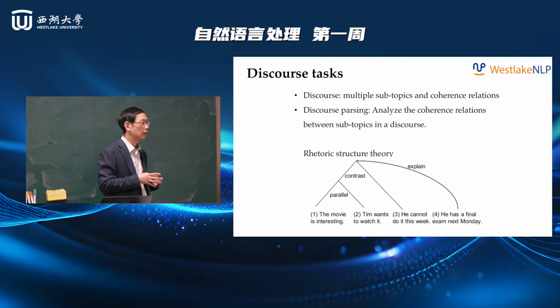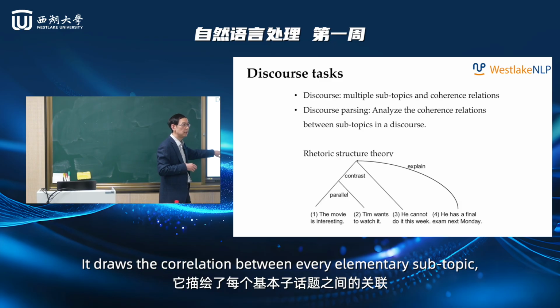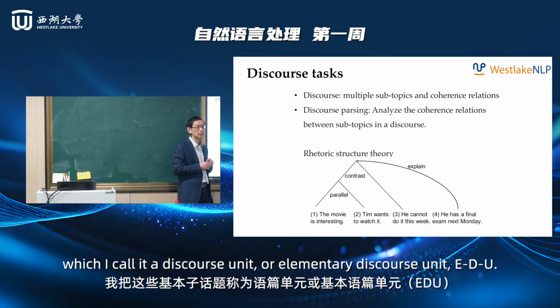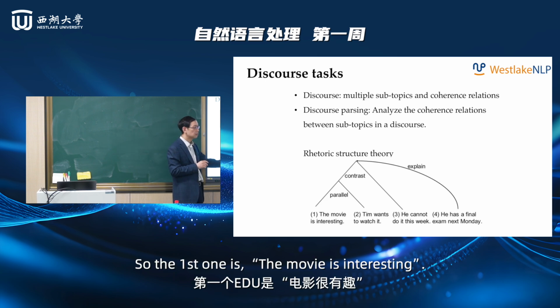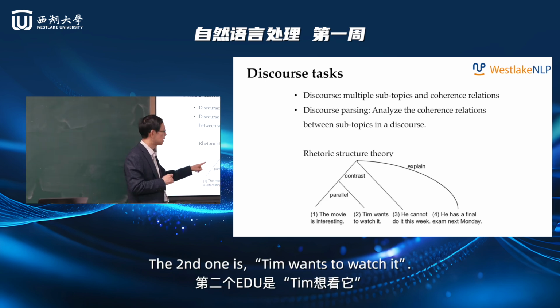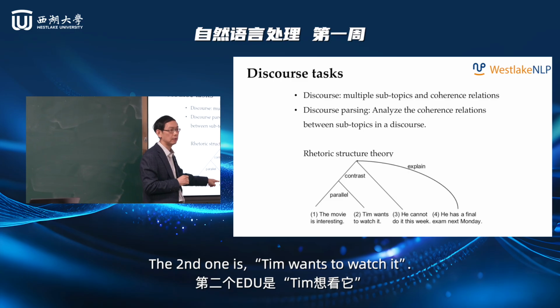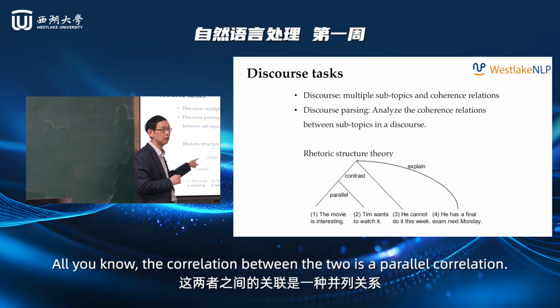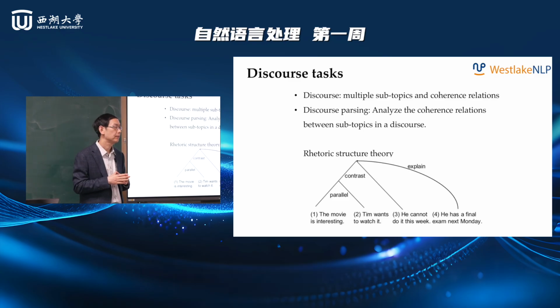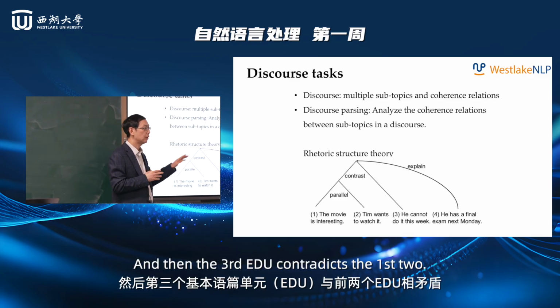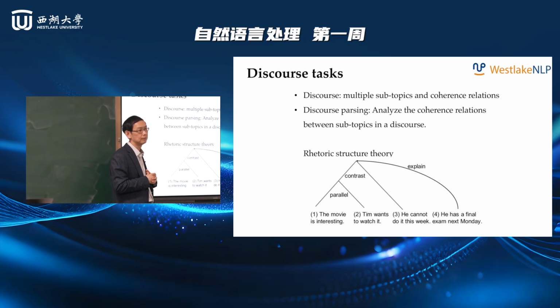It draws the correlation between every elementary subtopic, which I call a discourse unit, or elementary discourse unit, EDU. So the first one is the movie is interesting. The second one is Tim wants to watch it. You know the correlation between the two is a parallel correlation. And then the third EDU contradicts the first two.